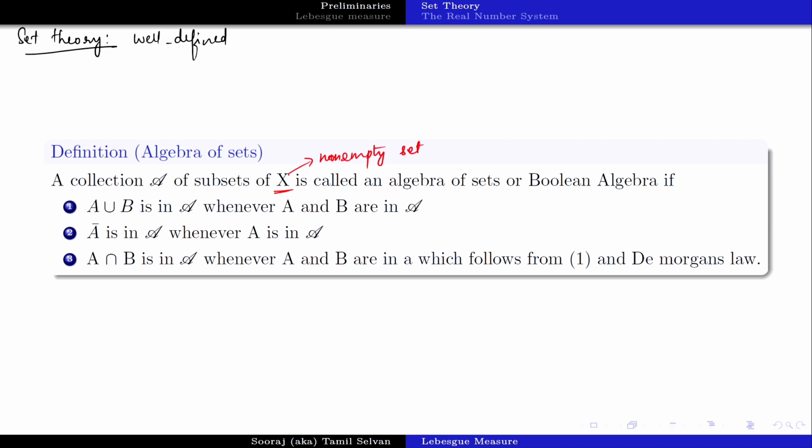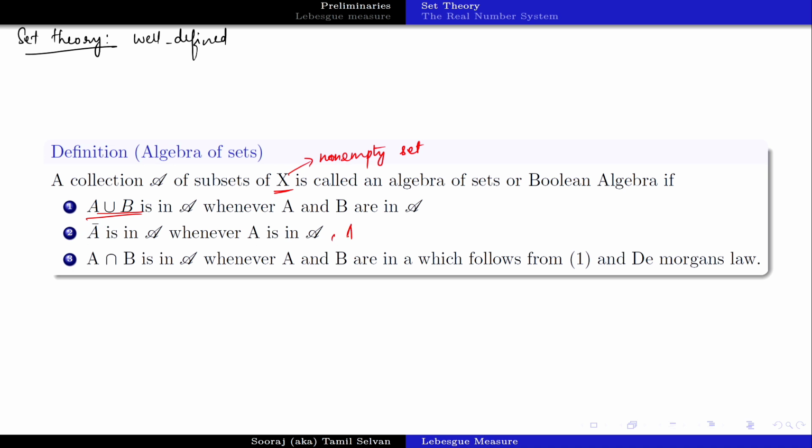The collection of subsets is called an algebra or Boolean algebra if it satisfies the following conditions. What are they? Union of any two sets in this collection must be a member of the collection itself. If a set is present inside this collection, then its complement must also be present in it.